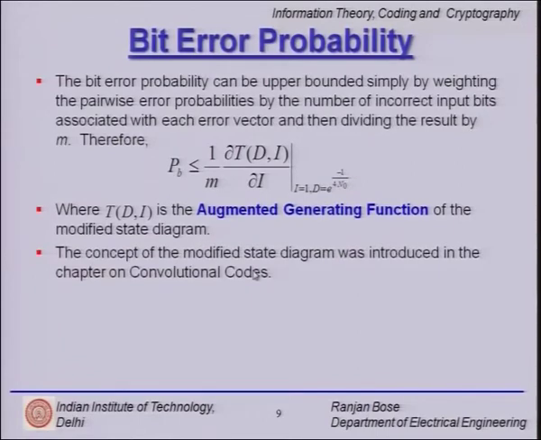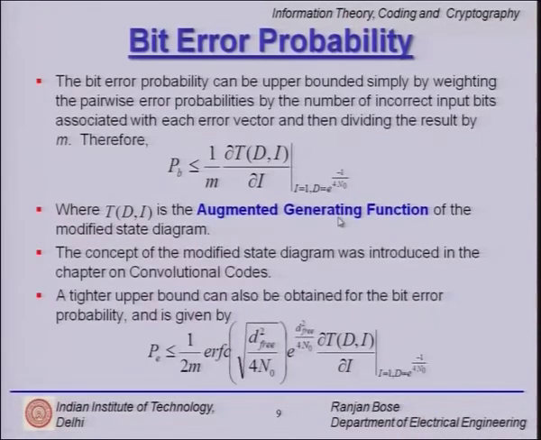Again, when we talked about convolutional codes, we had introduced this function called the augmented generating function. What is important is that the same function can be used to get an upper bound on the bit error probability. Here the derivative is evaluated at I equal to 1 and D equal to e raised to the power minus 1 over 4 N naught.